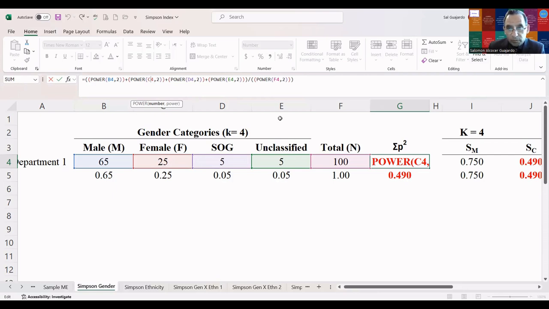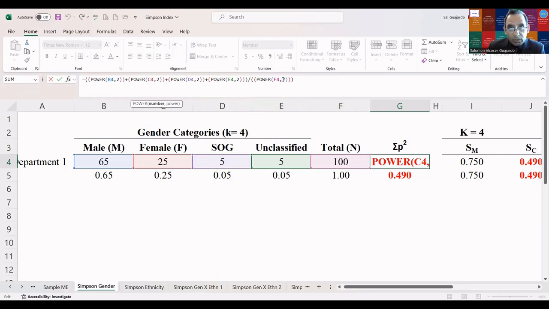And recall that the formula for obtaining the biased Simpson concentration score when using frequencies is the sum of small n squared, so each cell squared. Once you square each cell and add that up, you divide that by big N, the total number of people, 100, times 100.